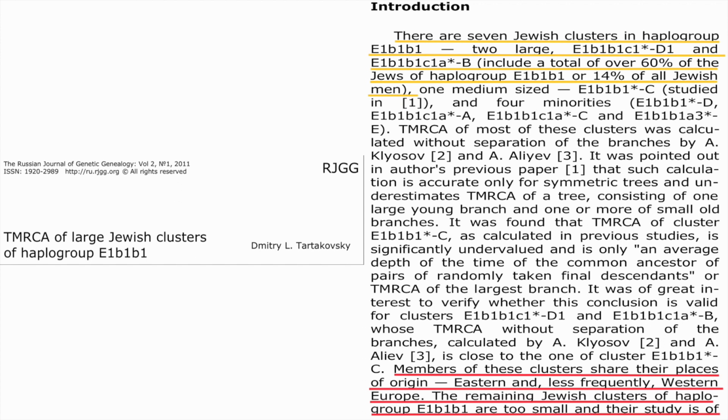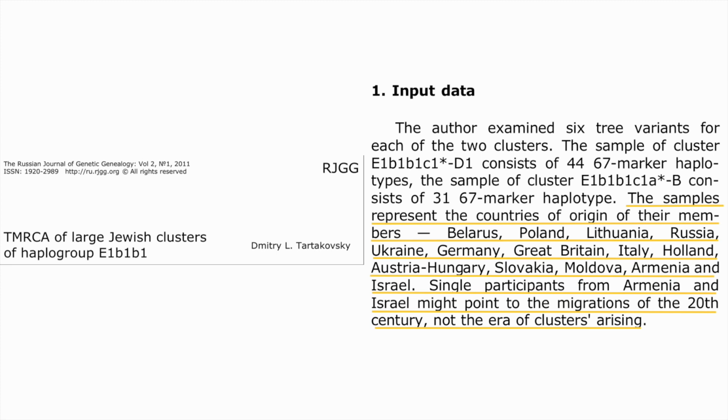Members of these clusters share their places of origin, Eastern and less frequently Western Europe. The samples represent the countries of origin of their members: Belarus, Poland, Lithuania, Russia, Ukraine, Germany, Great Britain, Italy, Holland, Austria-Hungary, Slovakia, Moldova, Armenia, and Israel.